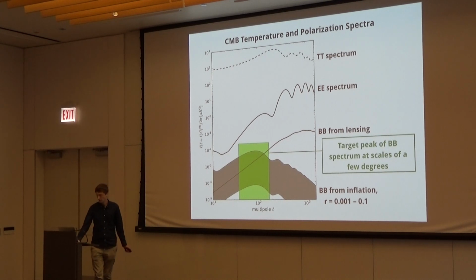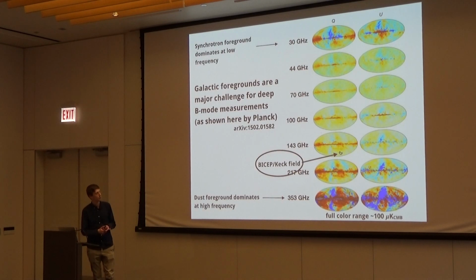So the other issue, if you're trying to go after the signal, which is what a fair bit of this talk is going to be about, is you have to deal with galactic foregrounds. So this is a series of maps from Planck, polarization maps in Stokes Q and U, ranging from 30 gigahertz at low frequencies up to 353 gigahertz at high frequencies.